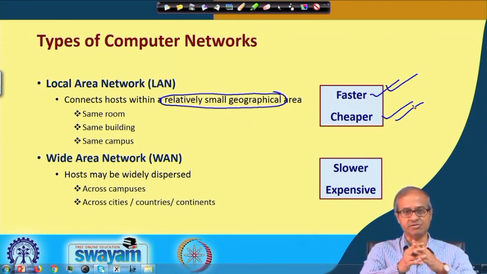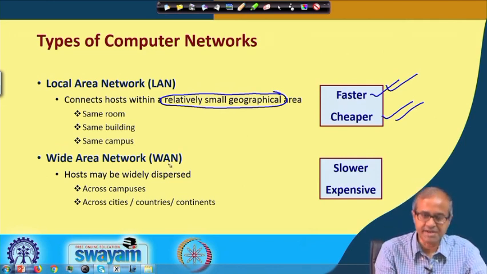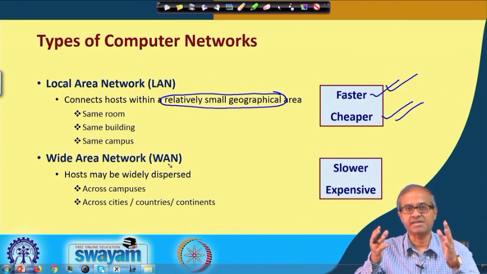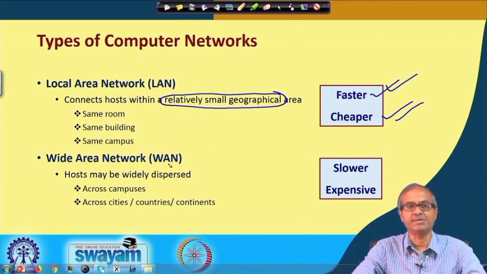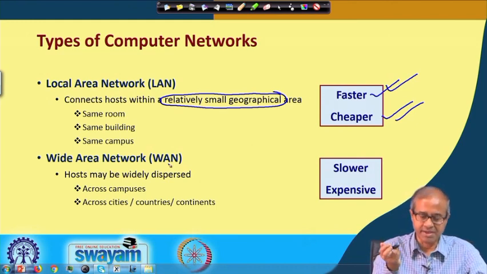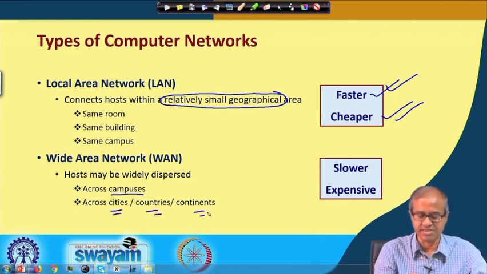Those technologies are also available in LAN. Talking about wide area networks, they are used to connect devices or networks which are widely separated. By widely separated, they can be across campuses, across cities, countries, or even continents.